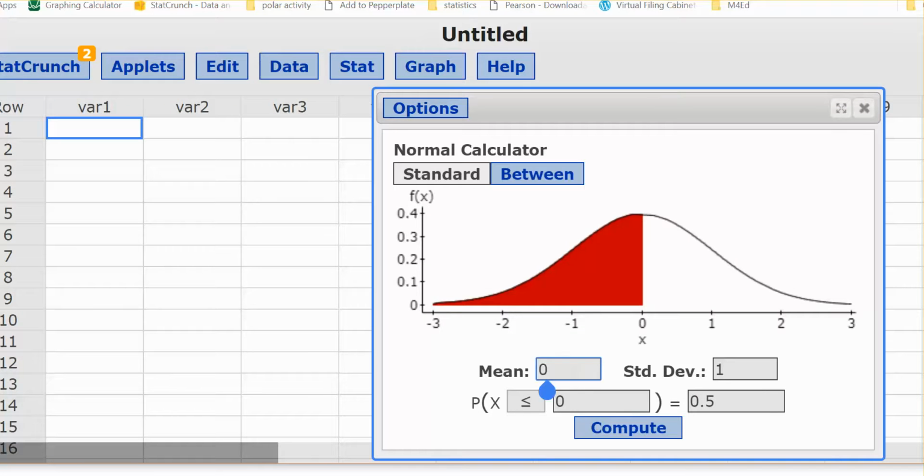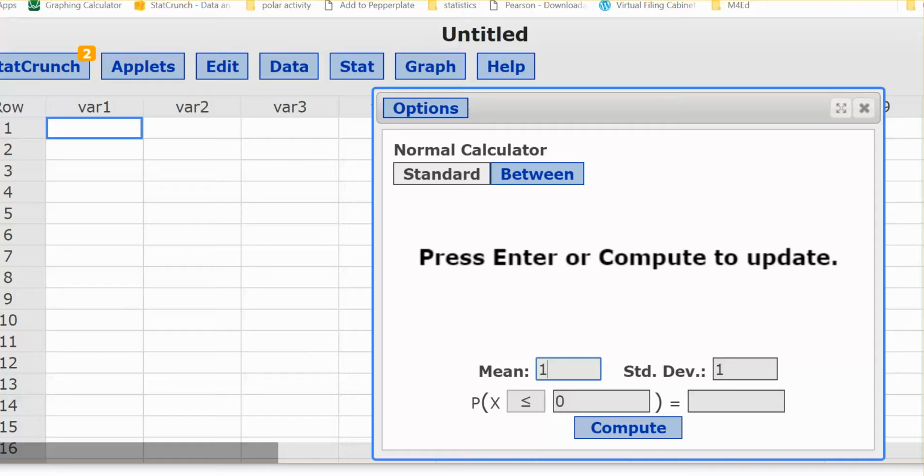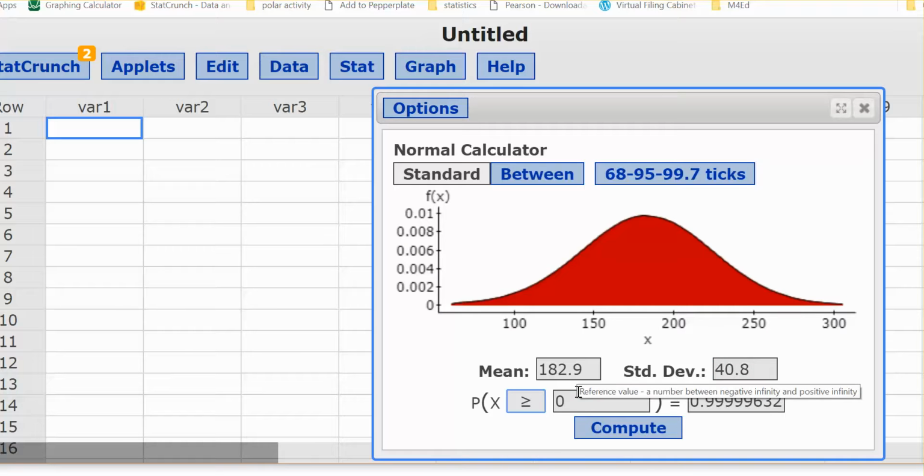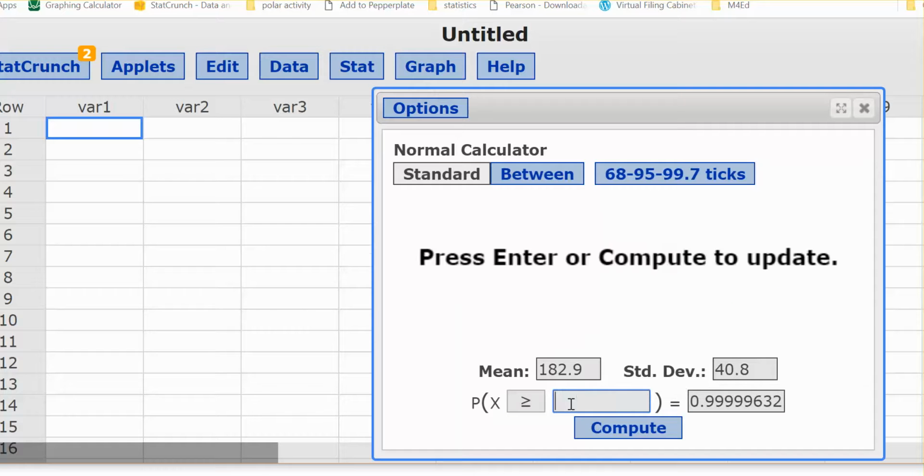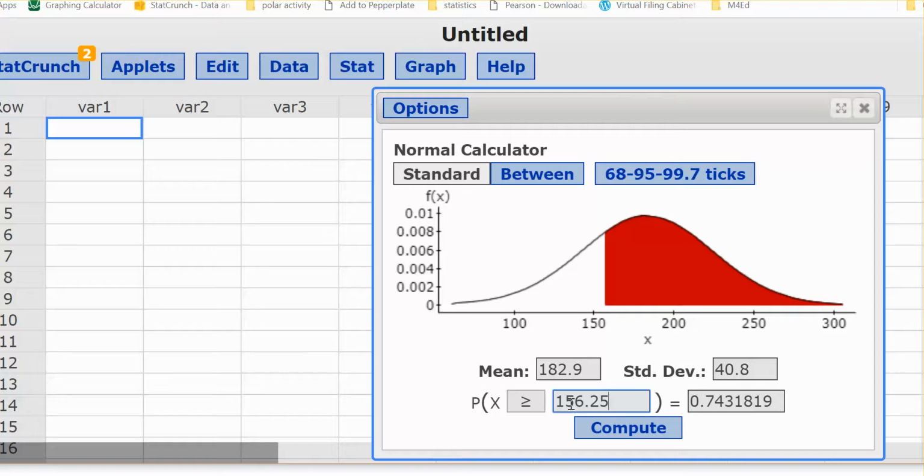We have a mean of the men at 182.9, a standard deviation for men's weight at 40.8, and I want to know the probability of randomly selecting some man who has a weight greater than 156.25. Well, that happens to be 0.7431.